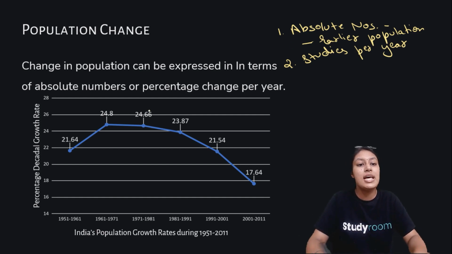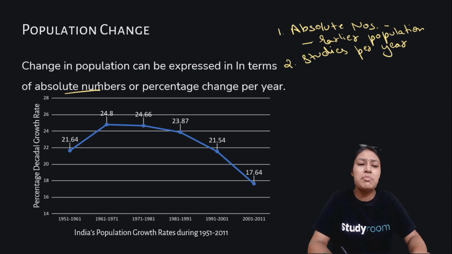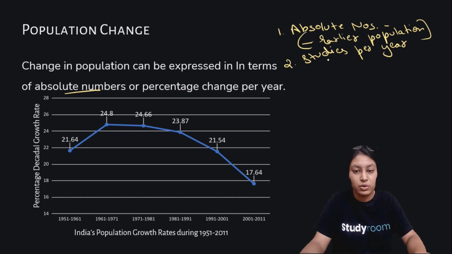Okay, one is absolute numbers. Absolute numbers means simply subtracting the earlier population from the current one. Counting the number of population by the census, by the stats, and subtracting the earlier population. So we will get to know the change in the population simply.